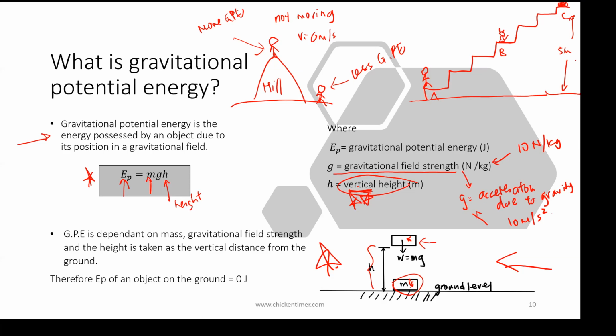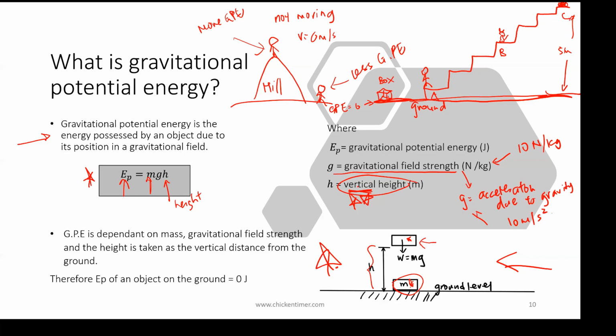So this line here is ground level, one level lower than the guy. There's a paper box on here. Because it's on the ground, the GPE will be 0.